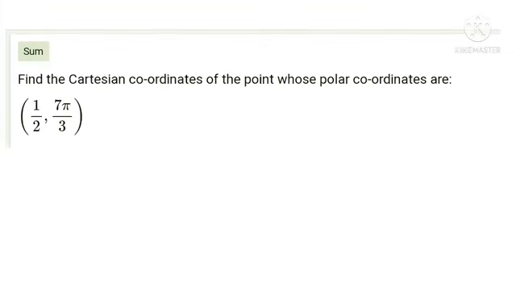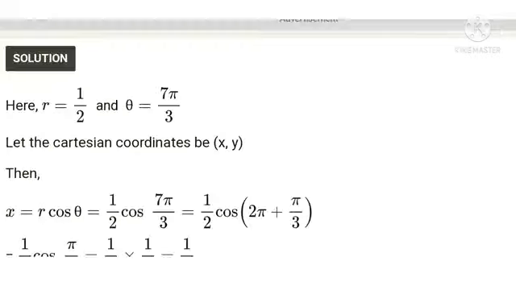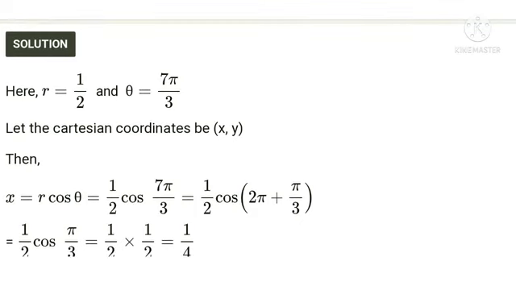Okay. See the next. Find the Cartesian coordinate of the point whose polar coordinates are given 1 upon 2 and 7 pi by 3. So here r is given 1 upon 2 and theta is given 7 pi by 3. So let's start. First you write the formula, x is equal to r cos theta, put the value 1 upon 2 into cos 7 pi by 3.